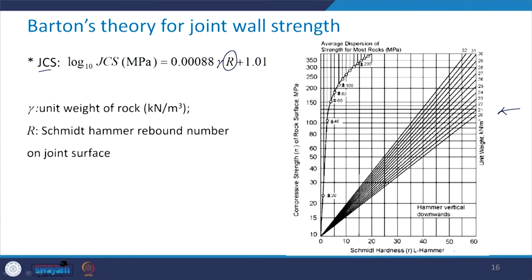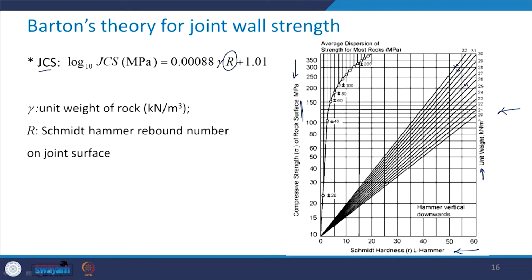Here you have the Schmidt hardness for L hammer, and these lines correspond to various values of unit weight, and on this scale you have the compressive strength of the rock surface. This is on the log scale.